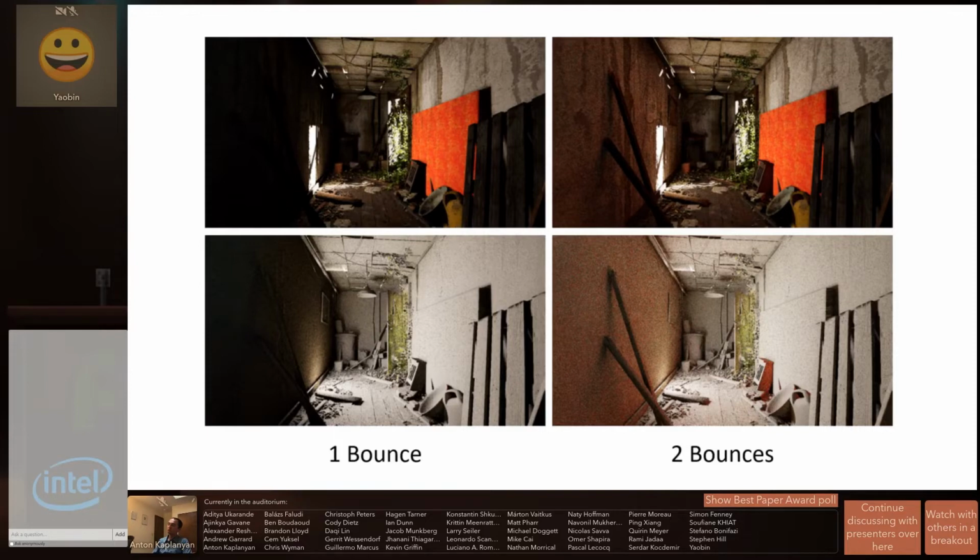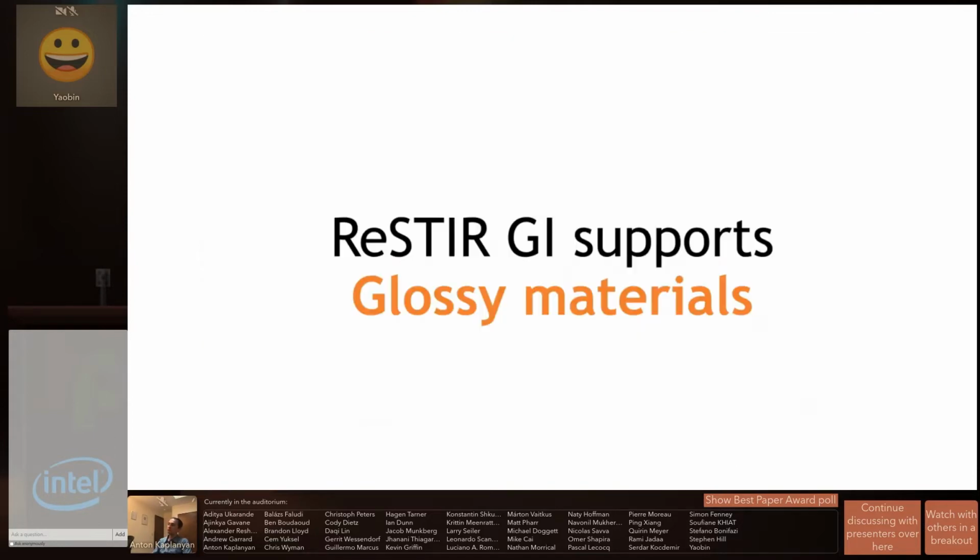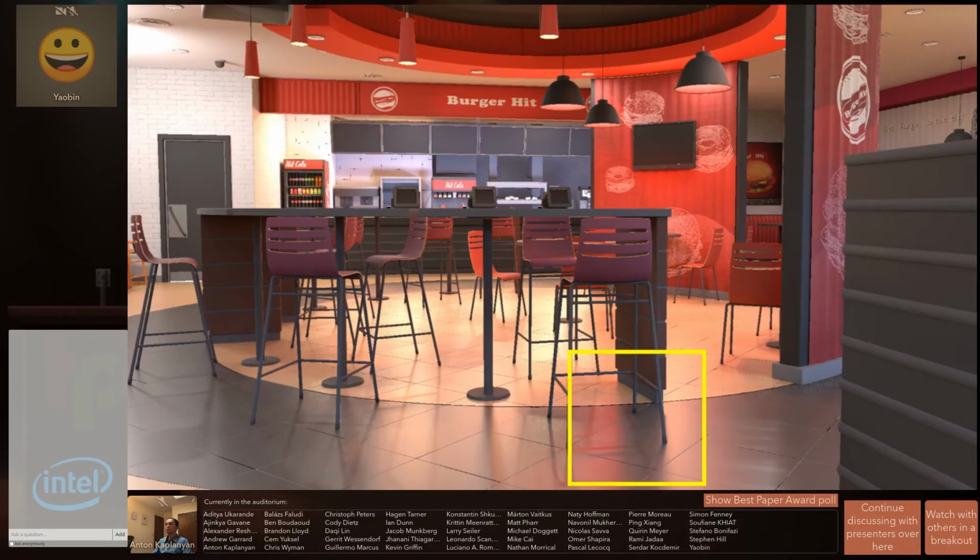In the first bounce case, the left wall is totally black, while in the second bounce case, the left wall is illuminated by the red light coming from the red ball. And ReSTIR GI also supports glossy materials. From this result, we can see the glossy reflection on the floor.